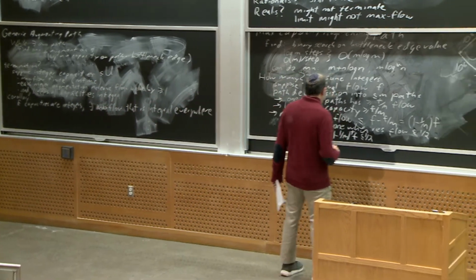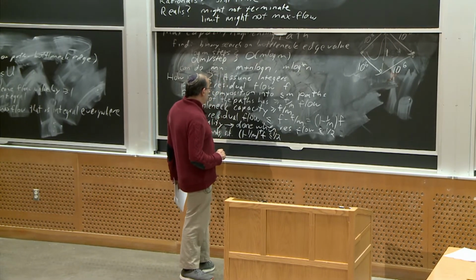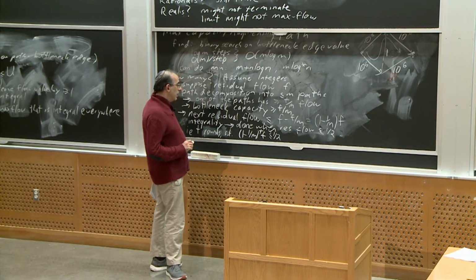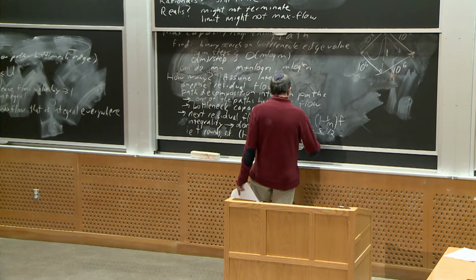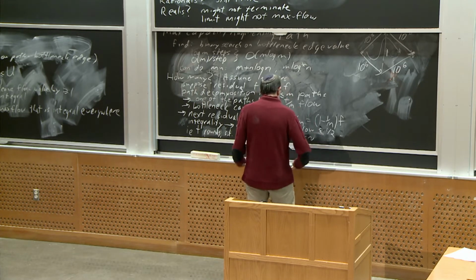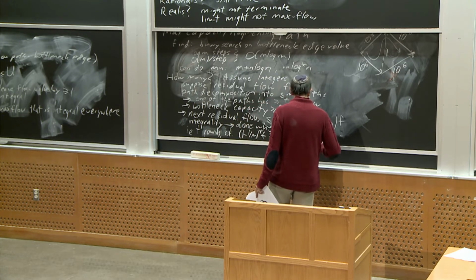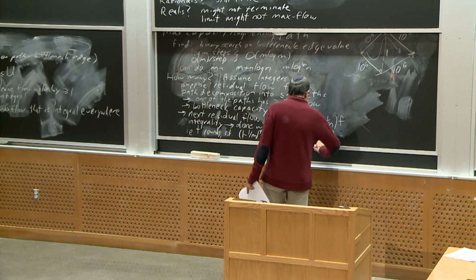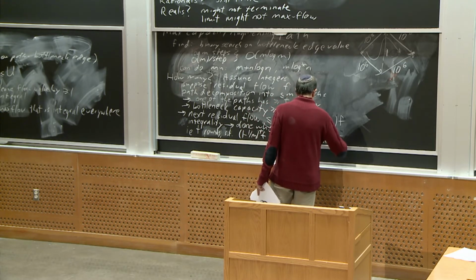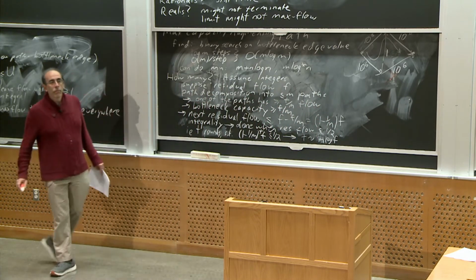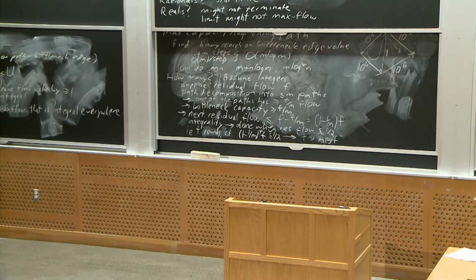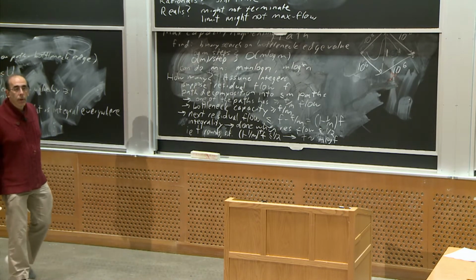And if we solve for that, we want (1 minus 1/m) to the t to be less than or equal to 1/(2f). And that means that, roughly speaking, t should be about m times the log of f. Okay?